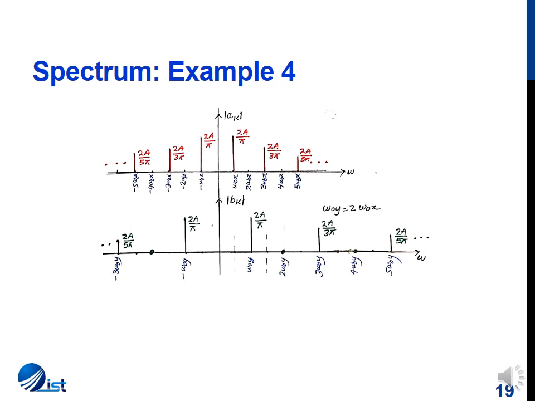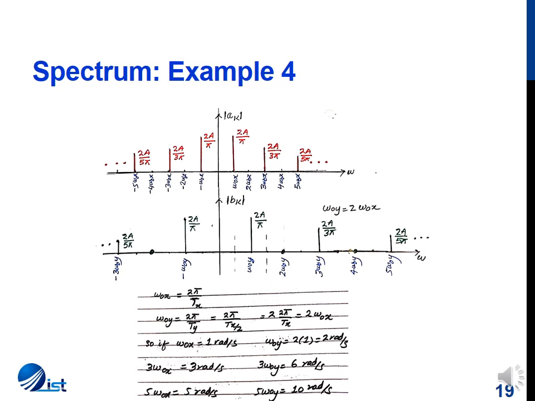Why I have drawn these values expanded is if, say, we suppose that omega naught x is equal to 1 radian per second. Since the signal is a compressed version of itself, the relationship between omega naught y and omega naught x is that omega naught y is twice omega naught x. So if omega naught x is 1 radian per second, omega naught y is 2 radians per second.